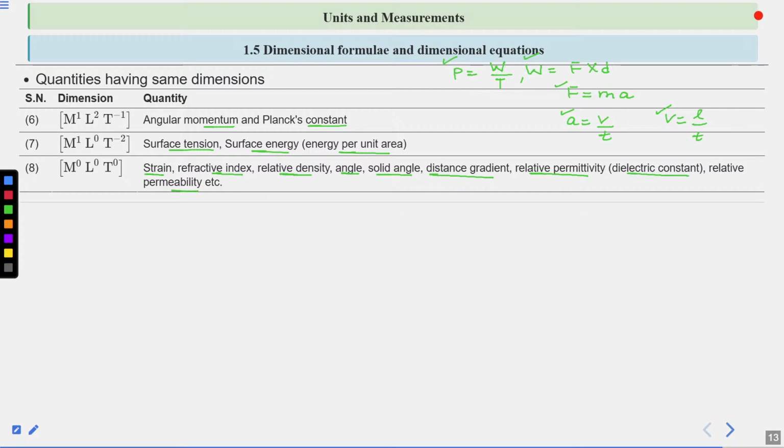Suppose we talk about energy: the potential energy, total energy, kinetic energy, work done, mechanical energy, they all have the same dimensional formula. Clear?